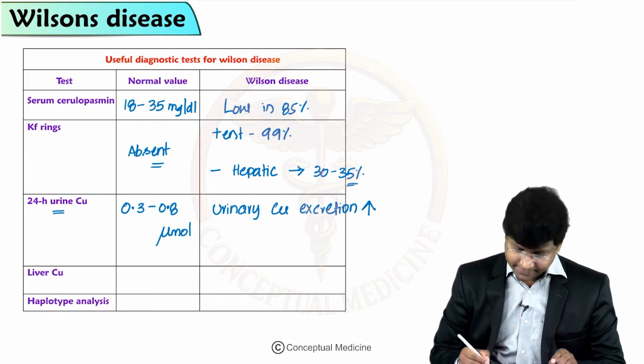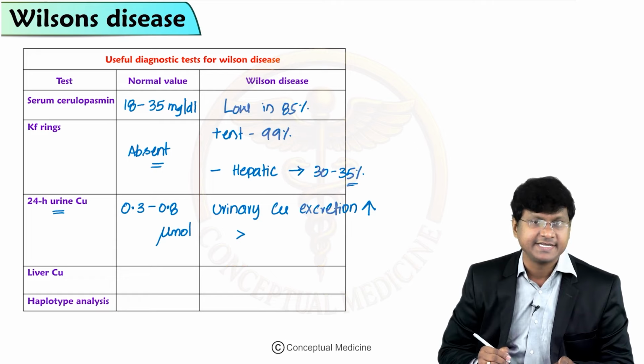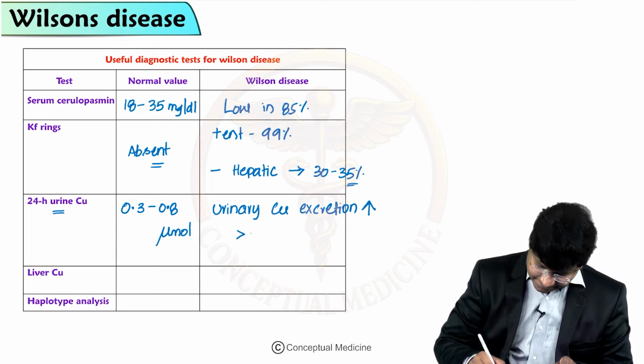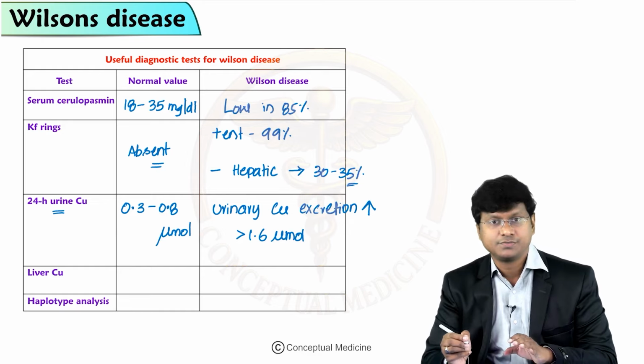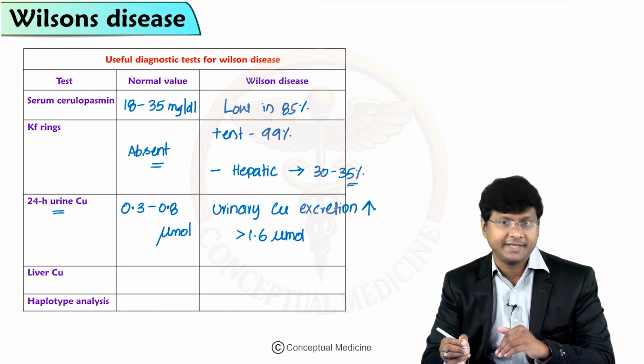But here, the urinary copper which is excreted is more than 1.6 micromoles in symptomatic patients.